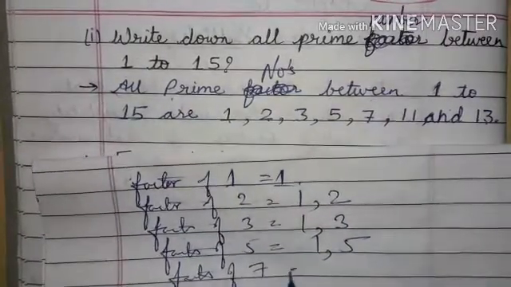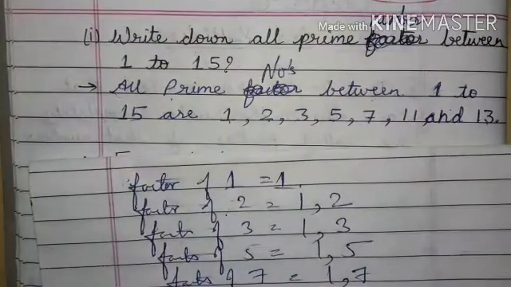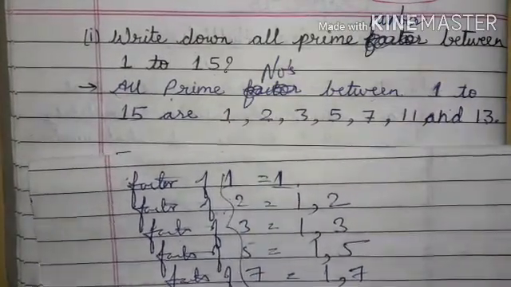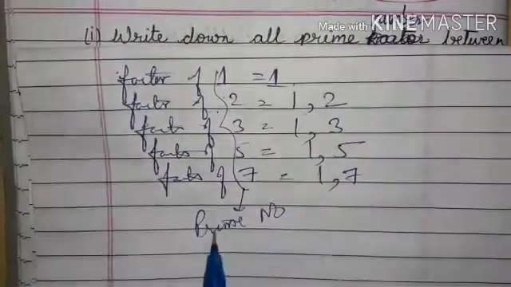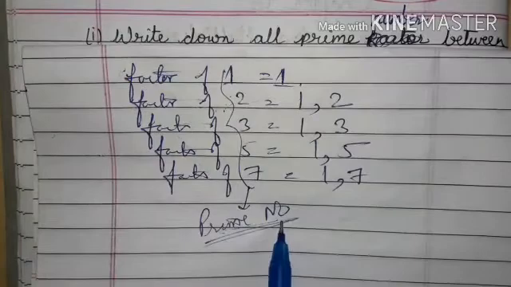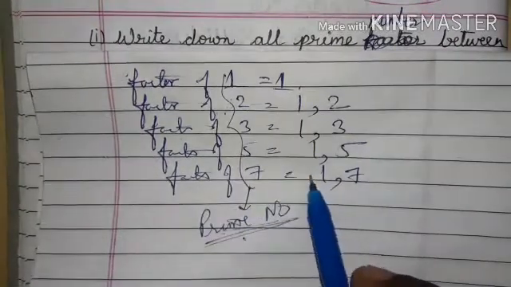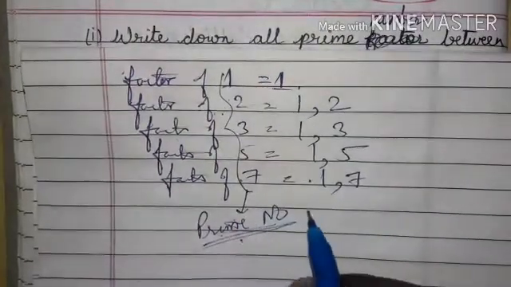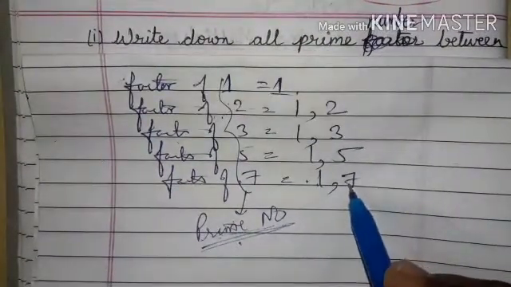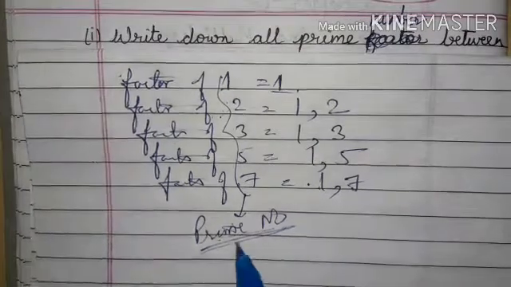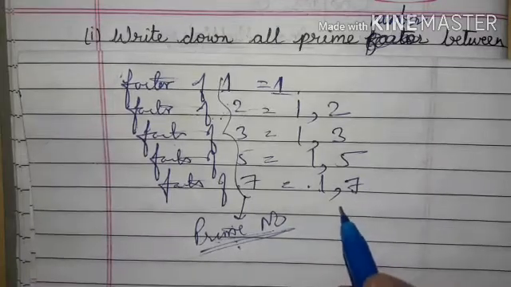Factors of 7: 7 can be divided by 1 and 7. So these are all prime numbers. It means prime numbers can be divided by only 1 and itself. A prime number has only two factors.